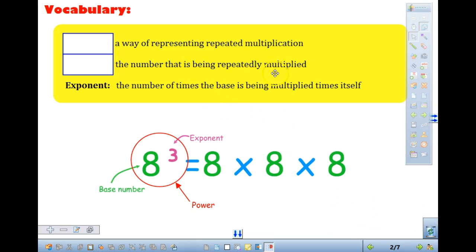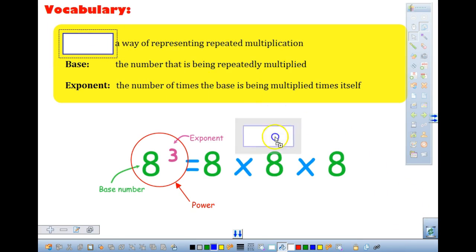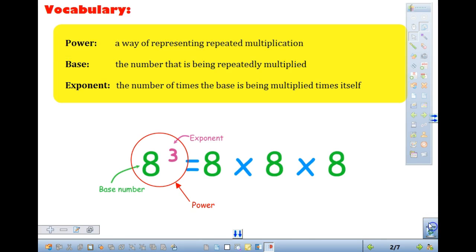The number that's being repeatedly multiplied is our base number. That's the 8 in this case. And when I talk about writing something as a power, like tonight's homework, that's this whole thing, 8 to the 3rd. A power has both the base and the exponent.